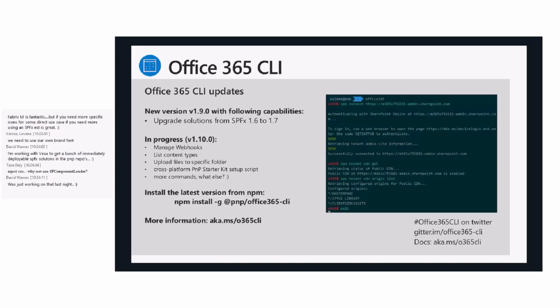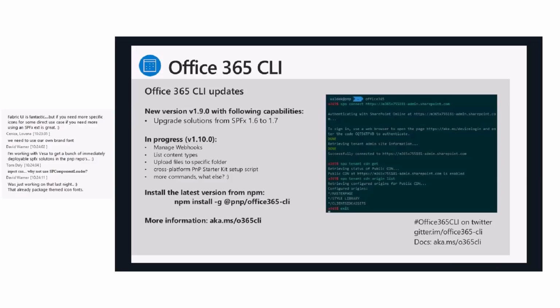I'd love for folks to try this out. With the release of 1.7, it's always nice if you can go back and update your solutions to get both the stabilization enhancements as well as the new capabilities. Office 365 CLI makes that even easier. You can just run a command and update your solutions to the latest version.